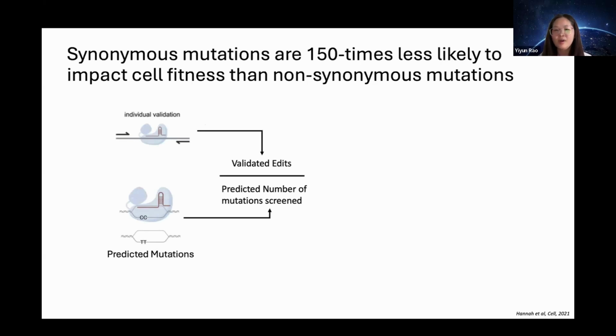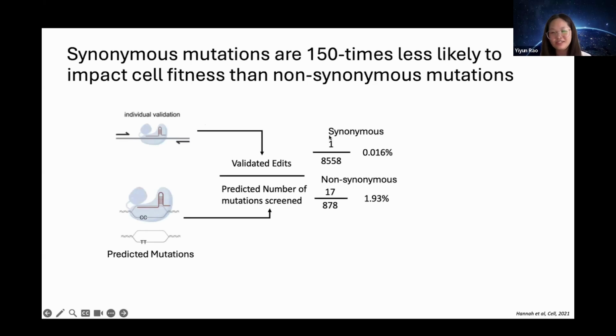In the synonymous screen, we only have 1 hit, and that 1 sgRNA hit was sequenced to be 1 single synonymous mutation. That leads to 1 positive hit in about 8,000 synonymous mutation sites screened, and that gives us a percentage of 0.016.